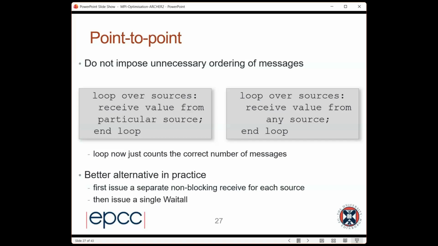However, in practice, rather than using wildcarding, it's better to use non-blocking communications. The best alternative in practice is to first issue a separate non-blocking receive for each source, then issue a single wait all. It's also best to do the sends non-blocking.